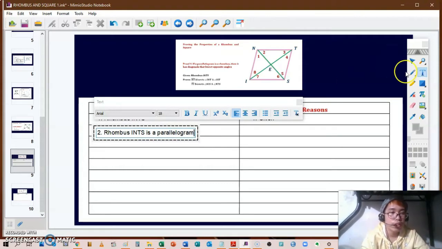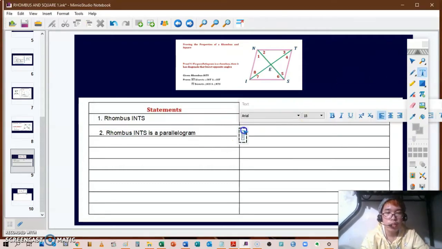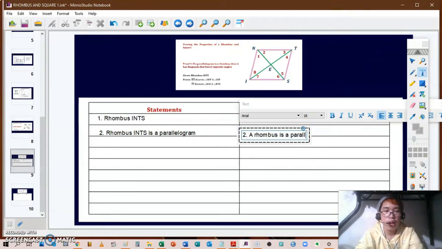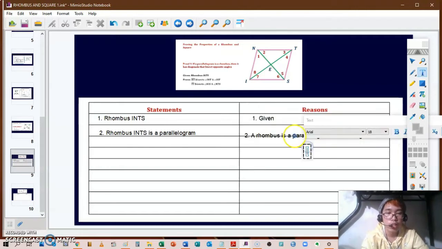The reason for that is because a rhombus is a parallelogram with 4 congruent sides. Those are some of the properties, one of the properties of a rhombus.